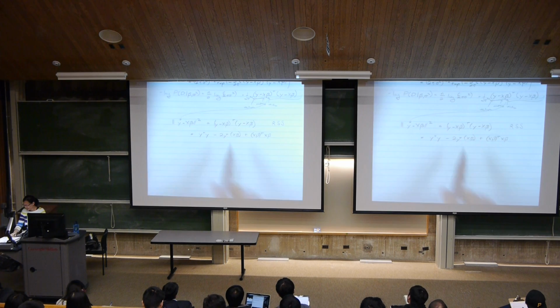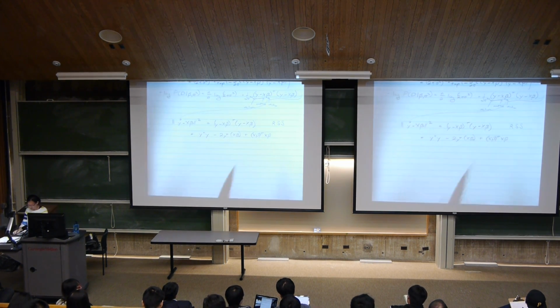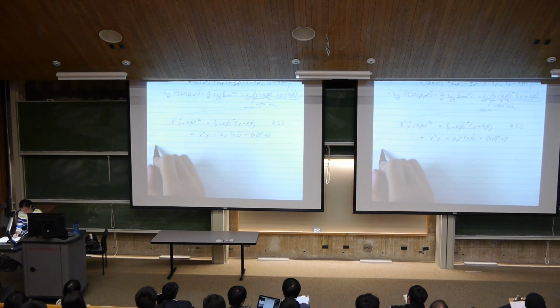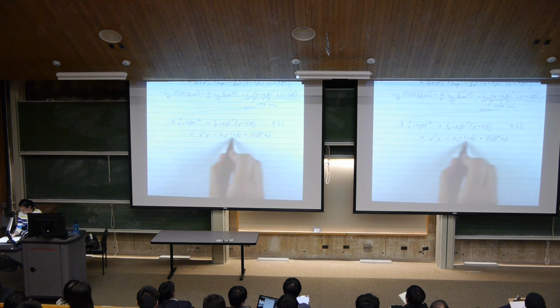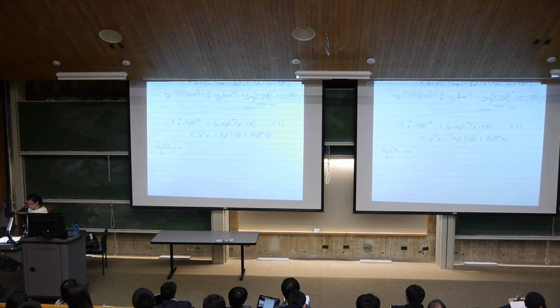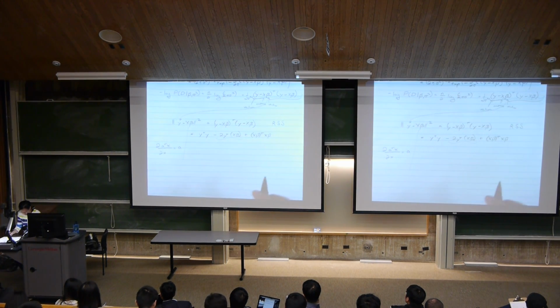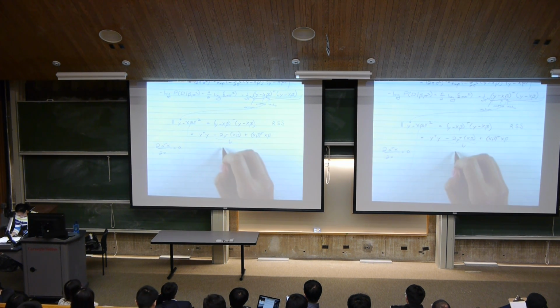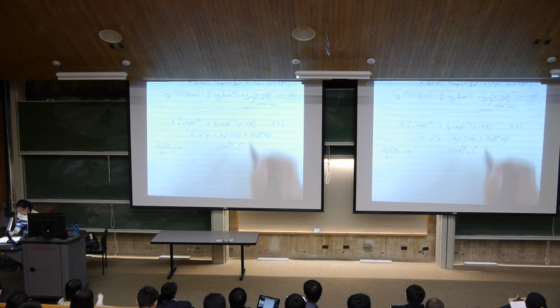Okay, so now we need to make this look a little better so that we can use our derivative tricks. I want to get this first thing into the form of taking the derivative of something that looks like this. The way we're going to do that is we're going to use the transpose tricks that we saw. So we're going to write this as x beta transpose y transpose.